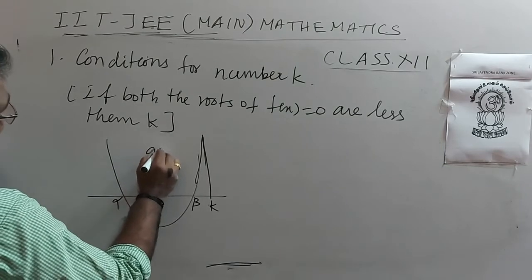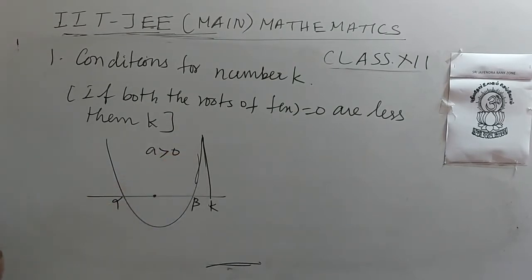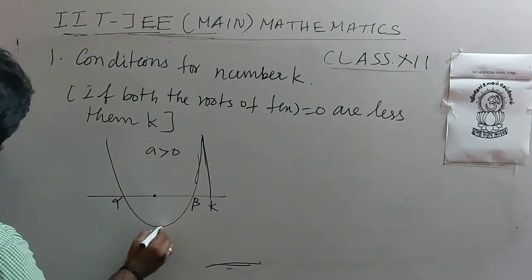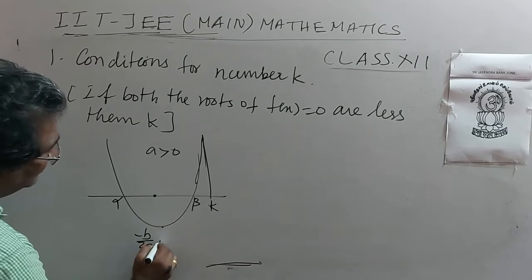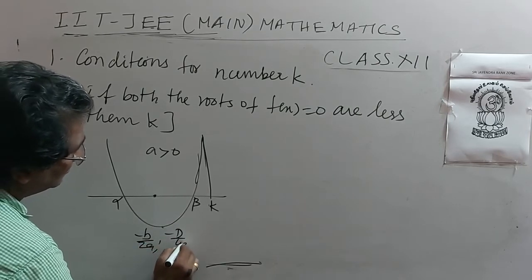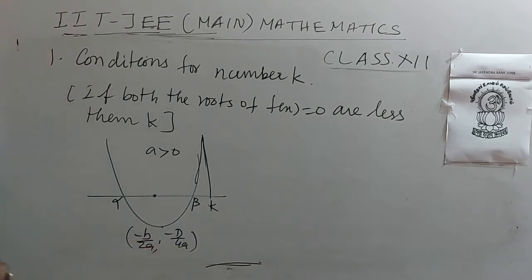So a is greater than 0. This point, minus b by 2a comma minus d by 4a.